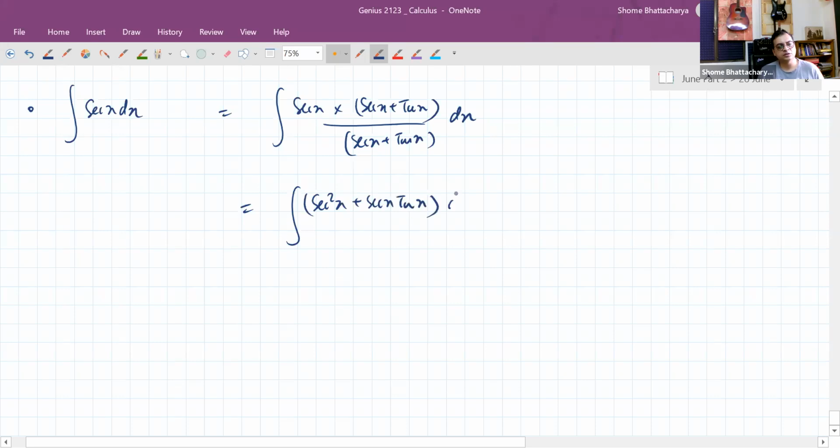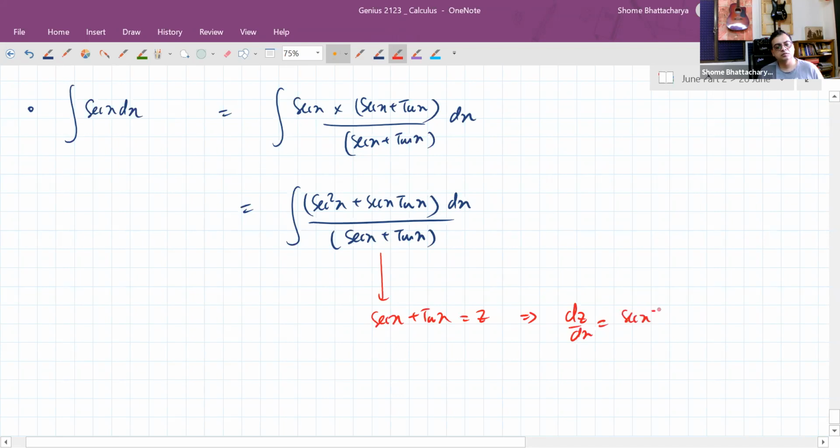So our numerator becomes this, and our denominator this. Now you notice that the numerator is the derivative of the denominator. If you take sec x plus tan x as z, then your dz by dx is this, so this becomes dz by z. So on resubstitution, it becomes ln of sec x plus tan x.